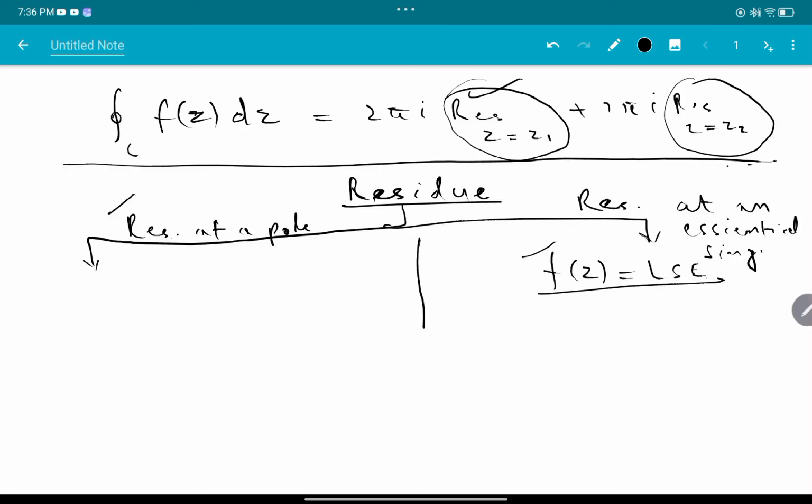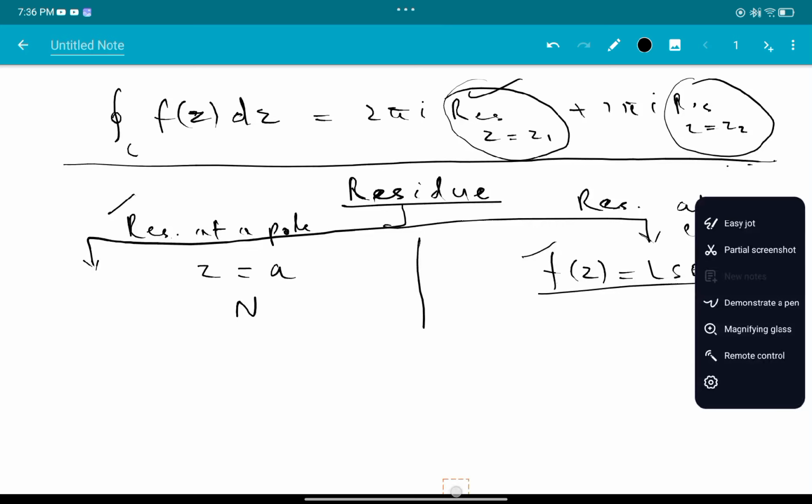It means that suppose you have a function which has a pole at a. This means z equal to a is a pole. You want to find the residue at this pole. Let us think that the order of this pole is n.